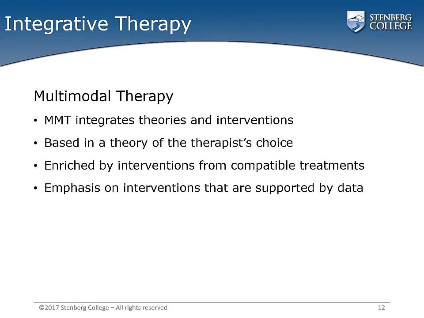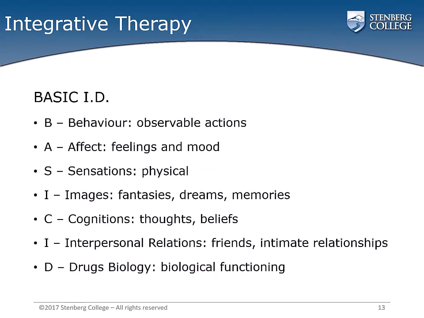So next we'll look at the acronym of BASIC ID, which represents an assessment model in this approach. As just mentioned, BASIC ID is an assessment model that is used to assist MMT clinicians in essentially determining client functioning, and it consists of 7 categories.